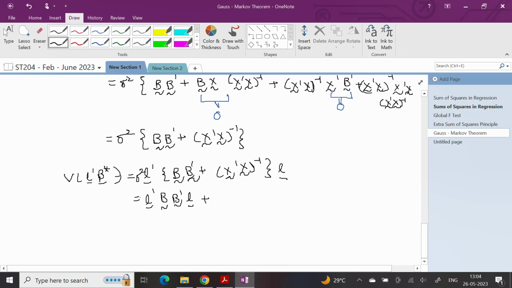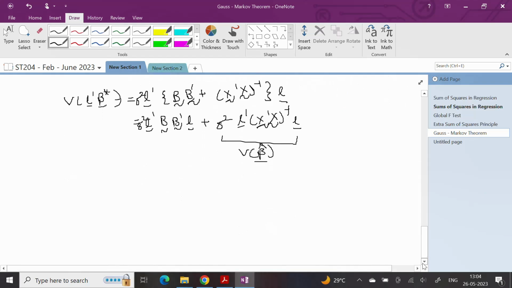Of course, sigma square is sitting over here, so I should have sigma square here, and then sigma square into L prime (X prime X) whole inverse L. This we know is the variance of beta hat, our OLS estimate.